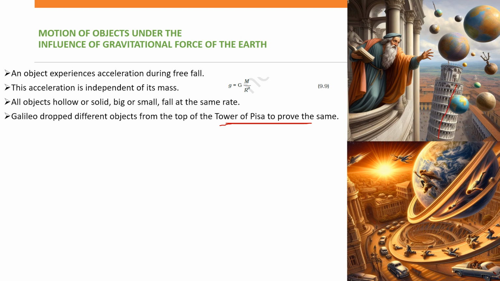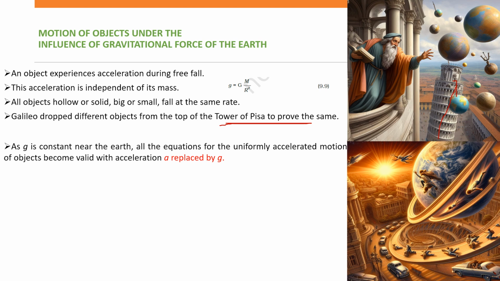This tower is very famous. He dropped different objects from the top just to understand and prove the rate at which they fall. It's a story anyway, I just wanted to cover it.